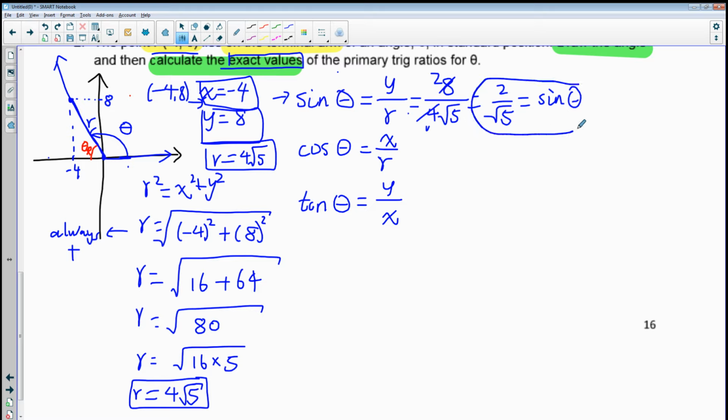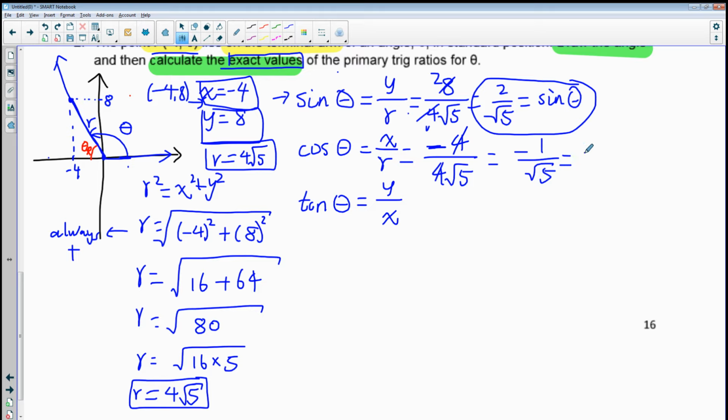Remember, we do not even know the angle yet, but we can calculate it exactly, just like we did earlier in Math 10. The only thing that changed is the definition. For cosine, be careful, x is negative 4 over 4 root 5. Negative 4 and 4 cancel, so we get negative 1 over root 5.